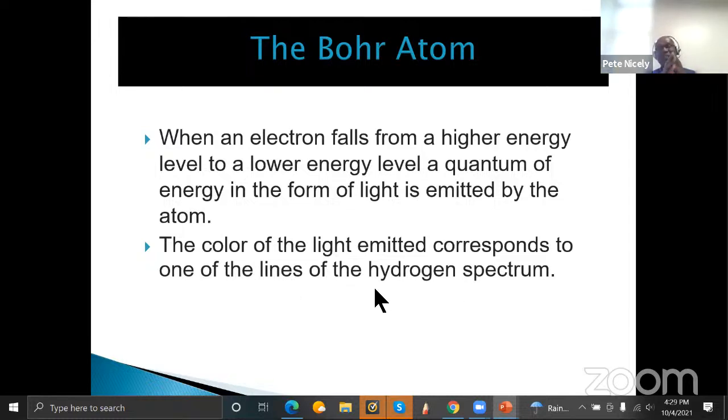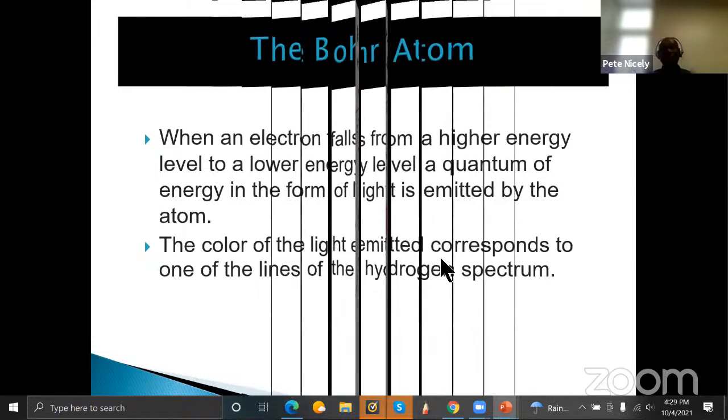So basically what the Bohr model is saying is that when the electron falls from an orbit of higher energy to a lower energy, it will emit a certain amount of energy, which is equal to the difference in the energies of the different orbits. And that energy value can be represented by the color of the light, which corresponds to a particular frequency, which corresponds to a certain amount of energy associated with that light or with that line, all right? So that's basically the Bohr model.